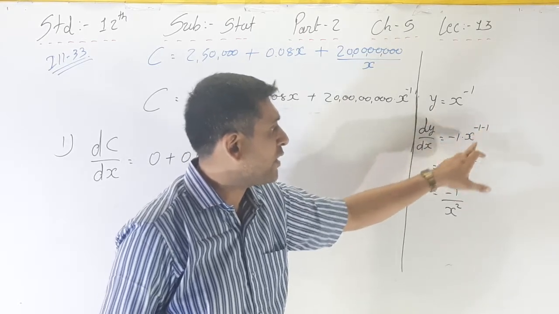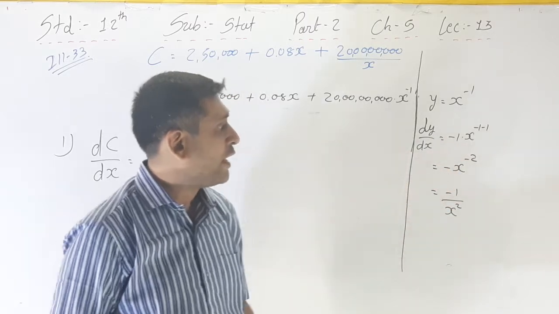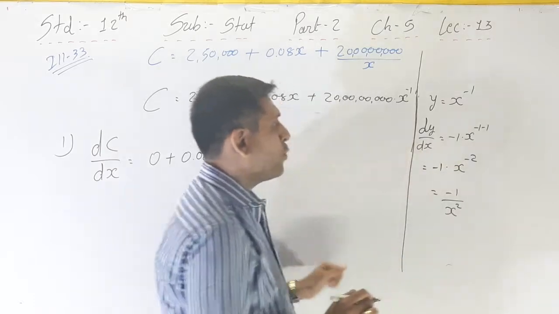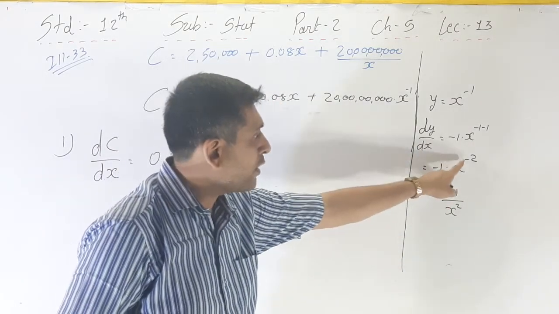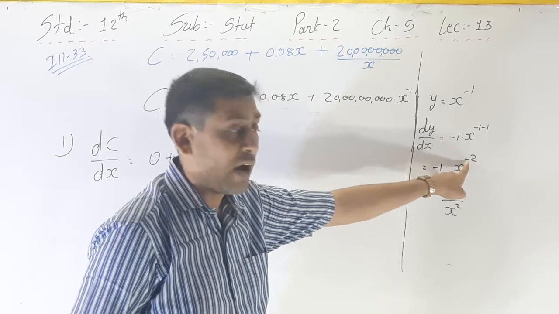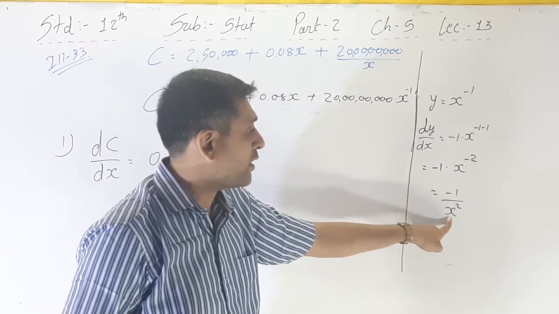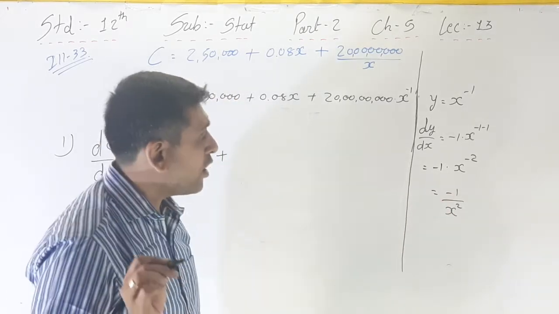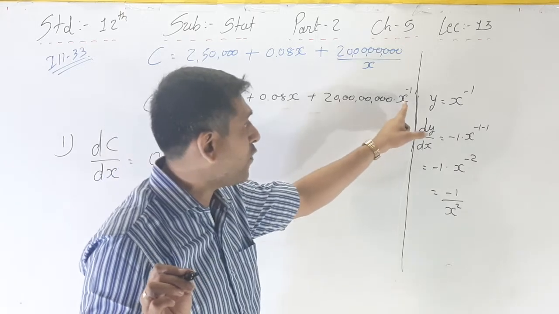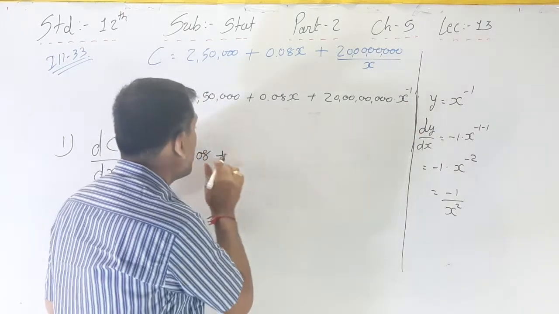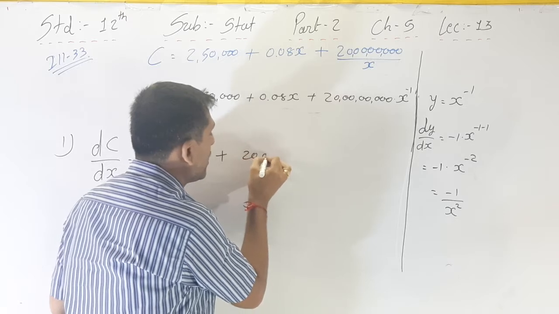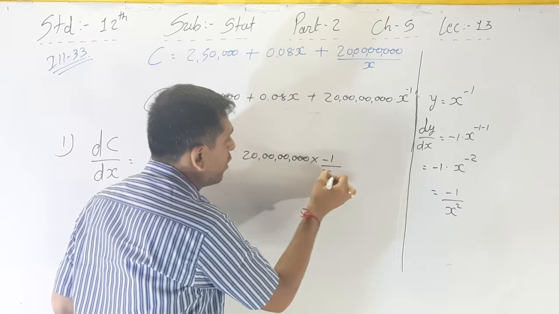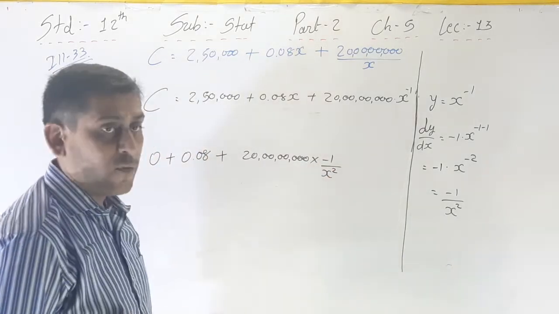So minus 1 minus 1 is minus 2, minus 1 into x raised to minus 2. Since the power of x is negative, we convert it into positive, so minus 1 upon x square is the final answer of this differentiation. So here plus 20 crore into minus 1 upon x square, this is the differentiation.